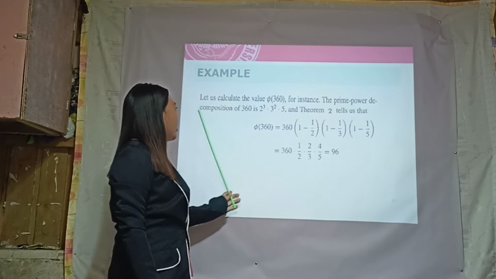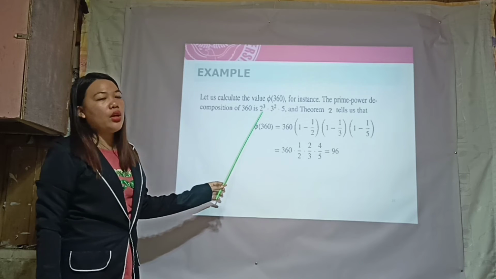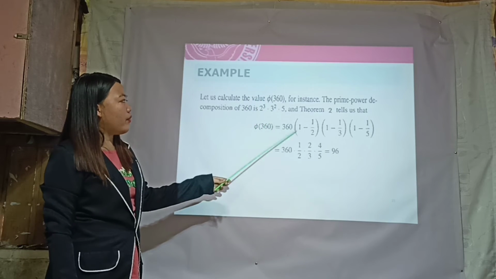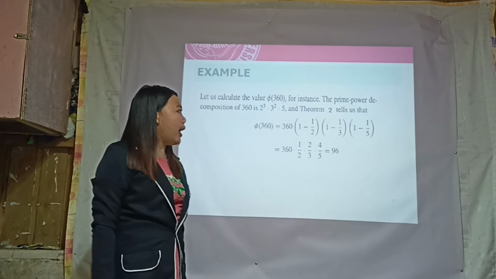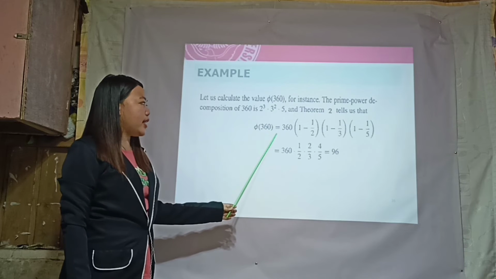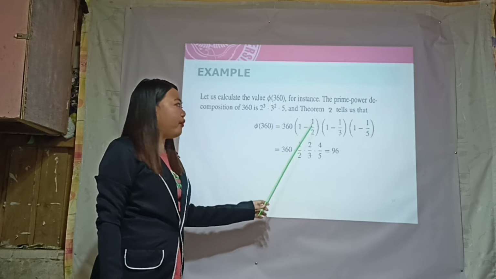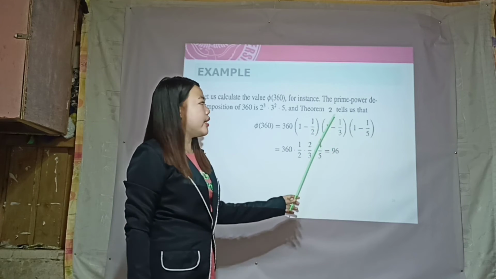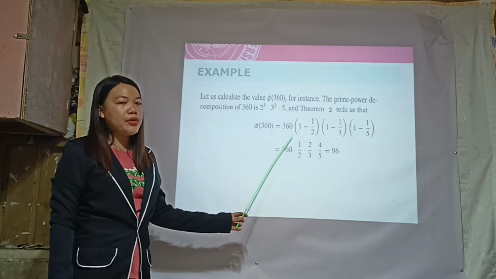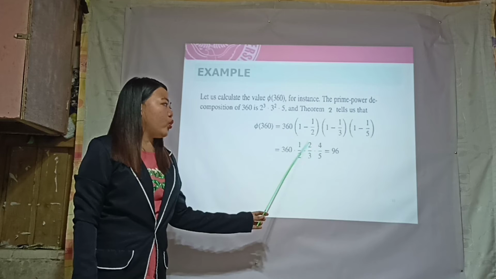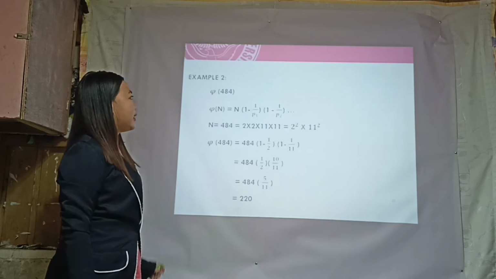The prime power decomposition of 360 is 2³ times 3² times 5, and Theorem 2 tells us that φ(360) is equal to 360 times (1 minus 1/2) times (1 minus 1/3) times (1 minus 1/5), which is 360 times 1/2 times 2/3 times 4/5, equal to 96.